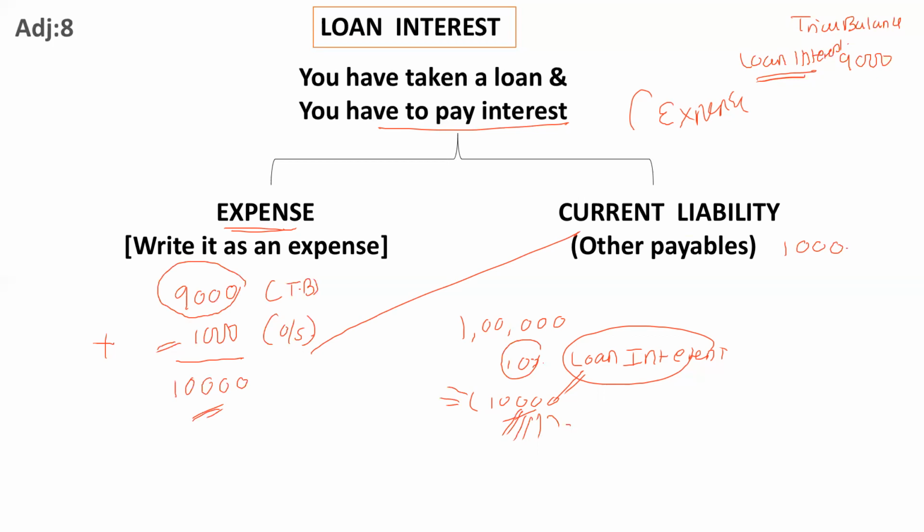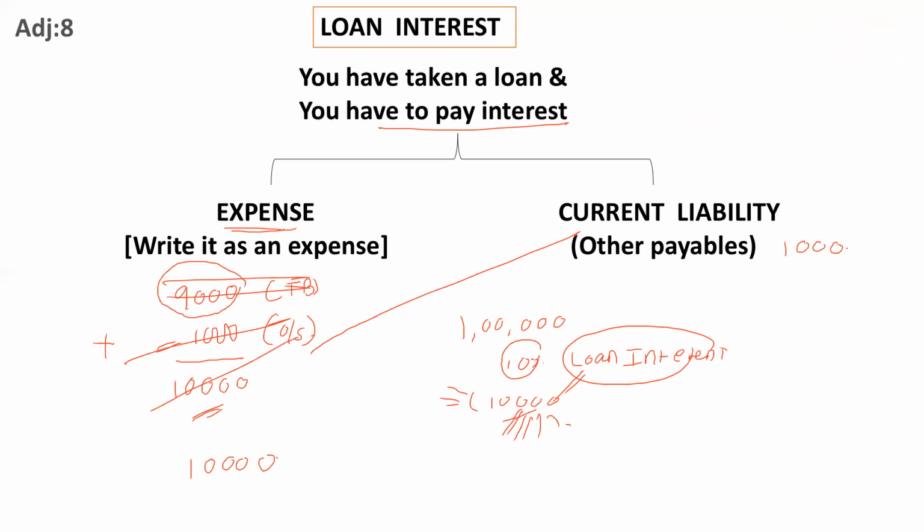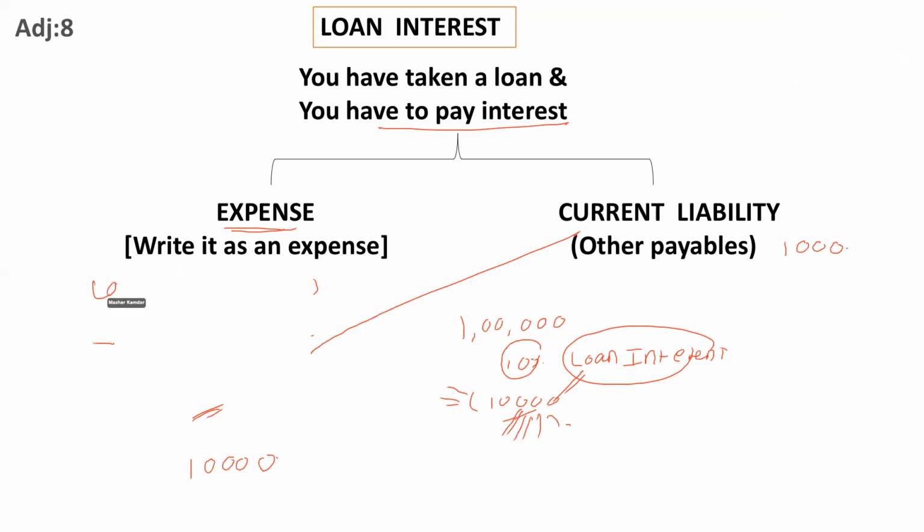If no loan interest is given in your trial balance, then you will record the full 10,000 as an expense, loan interest payable 10,000, and the rest as a current liability of 10,000.